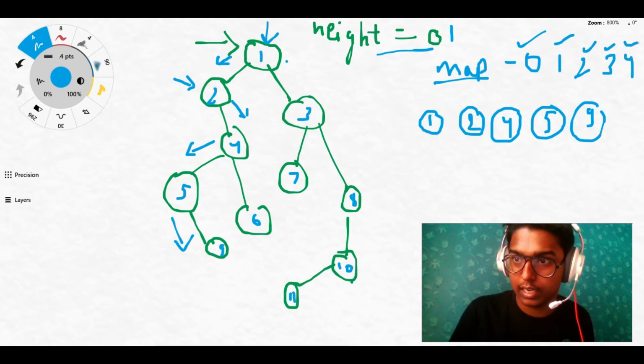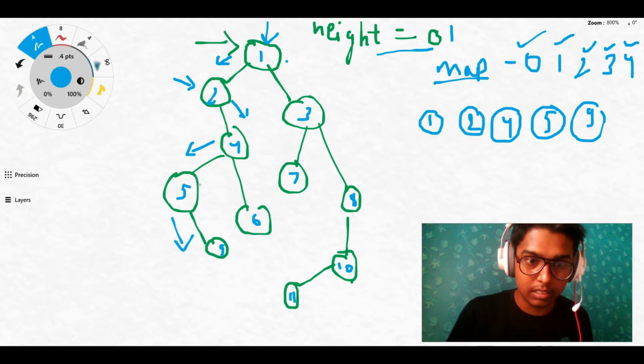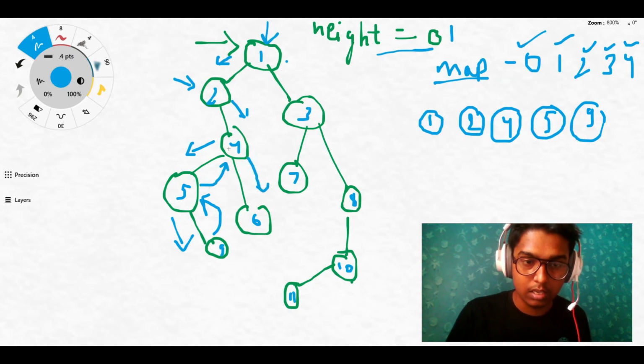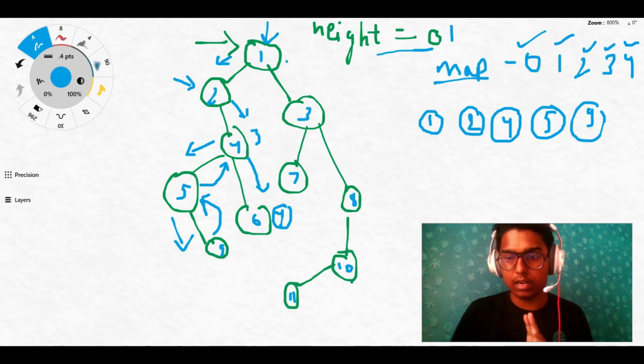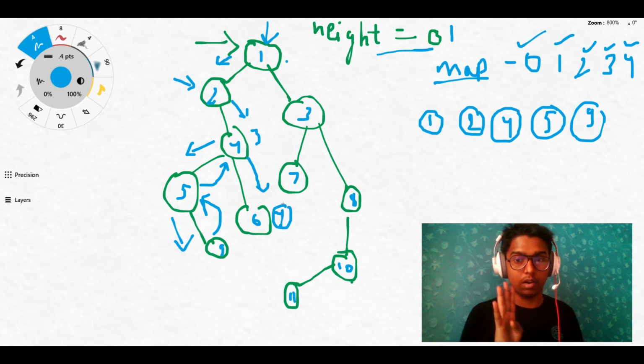Now it will traverse back again, and now it will go to right. So what's the height here? Its height is 3 here. Now if I haven't encountered this height earlier, or you can say it is not present in the map, then I have to print 6.